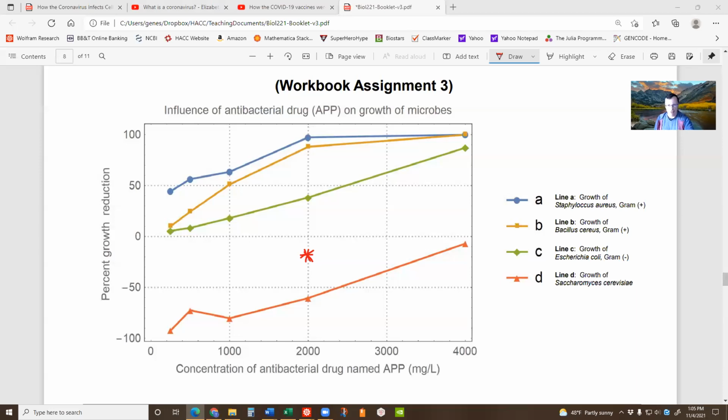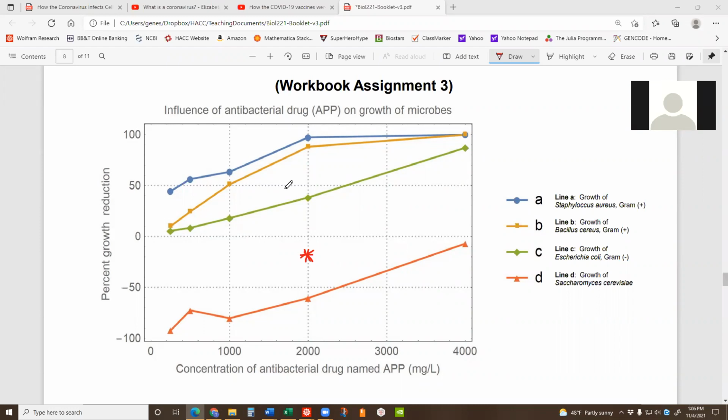Okay, thanks for asking that, and let's pick that apart a little bit. Okay, so we're looking at the orangish red line here. So first off, I would say this. So Elena, I'm going to speak to you right now, but everybody should be thinking about this. So Elena, is the response of this yeast cell the same at every concentration of the drug?